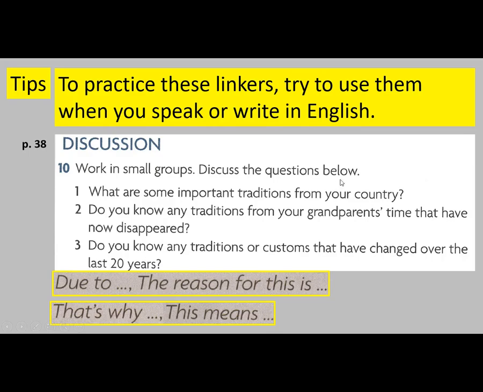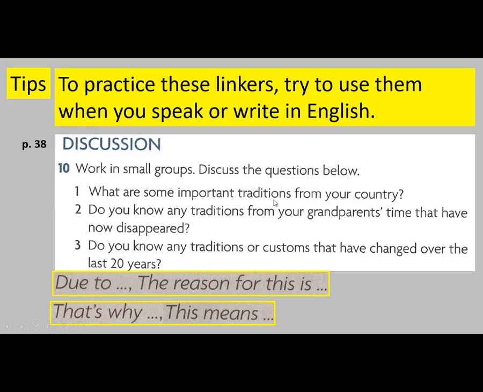From your country, Saudi Arabia, I think some important traditions are drinking or serving Arabic coffee. That's very important. Another important tradition is going to the mosque on Friday for the Friday prayer. That's an important tradition.